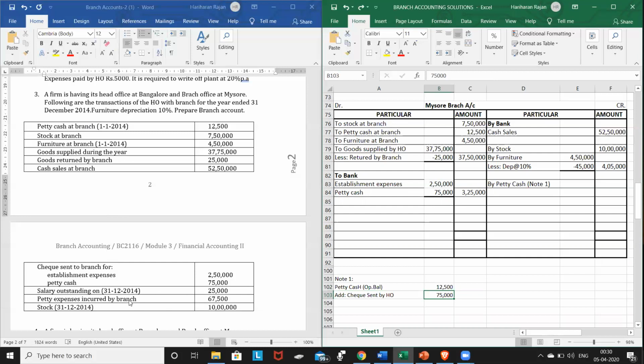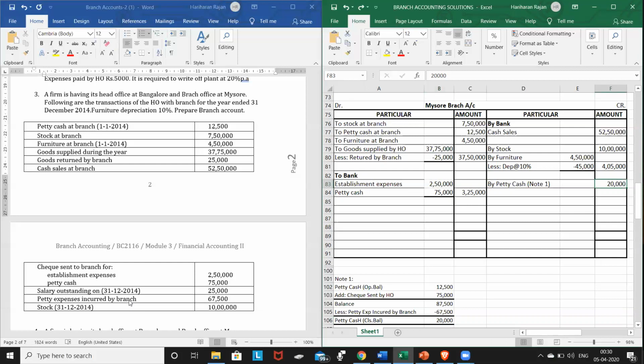Okay, and we have spent. What is the total balance? We have got 87,500, out of which we have spent 67,500. So the closing balance is 20,000.